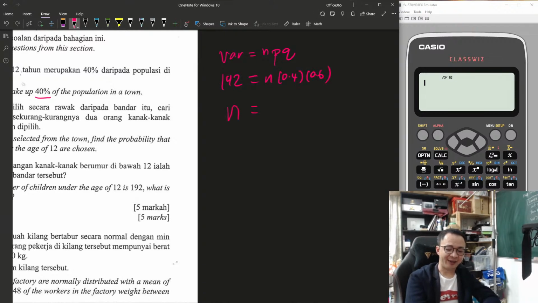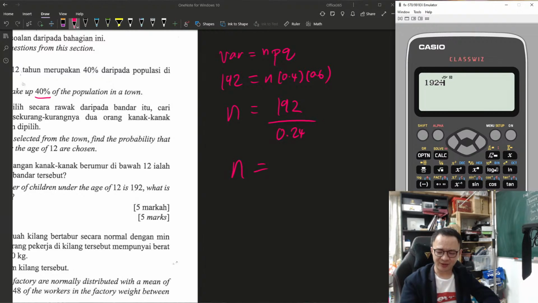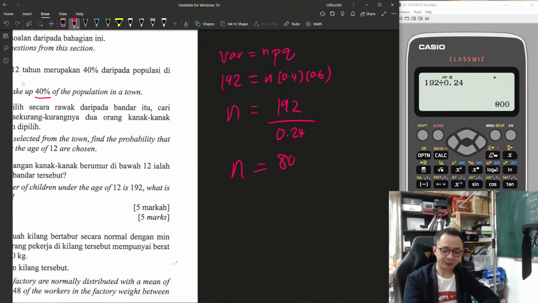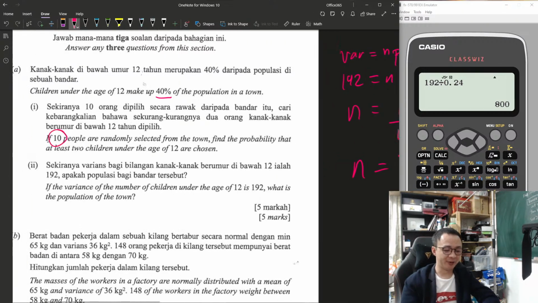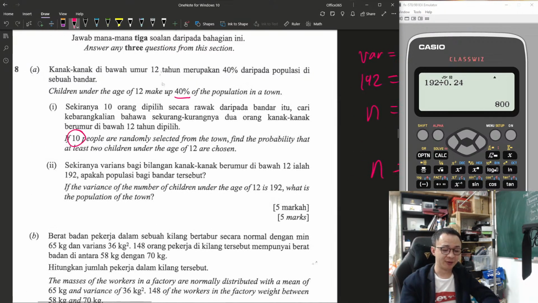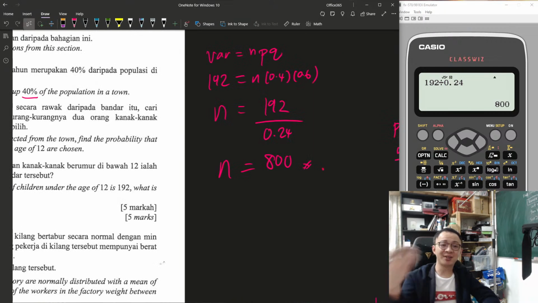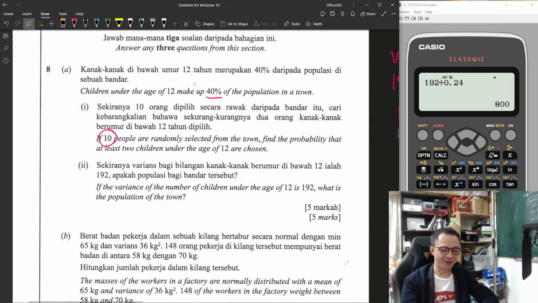So I want to find my n is 192 over 0.24, isn't it? So 192 divided by 0.24 is 800. So I would say we have about 800 people in the town. The second part is very easy if you get the idea about variance.